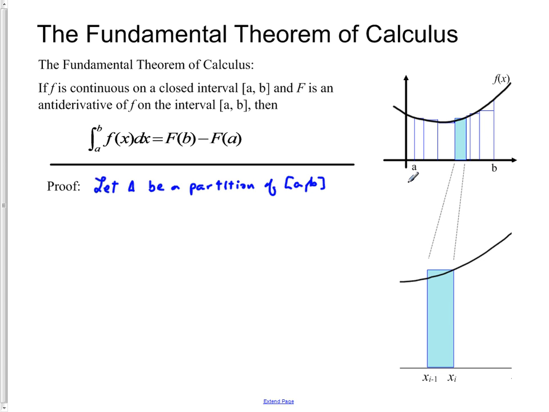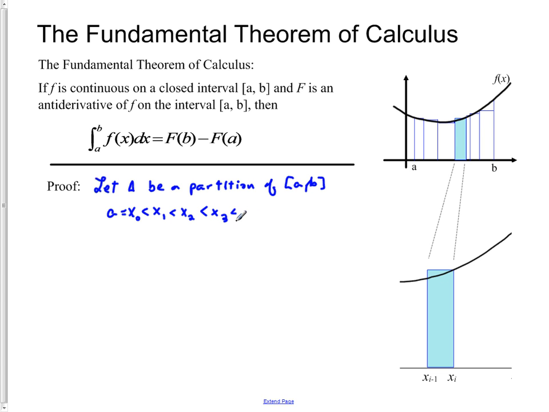And we're going to be very specific. We're going to say, let x of 0 be the very first point, that's a, and let x of n be our very last point, and we're going to divide it up in such a way that x of 0 is less than x of 1, x of 2 is greater than x of 1, and x of 3 is greater than x of 2, and so on down the list.